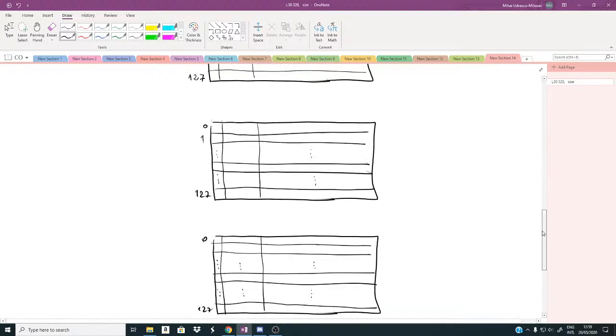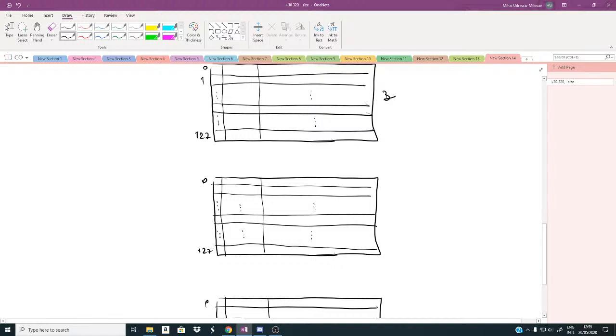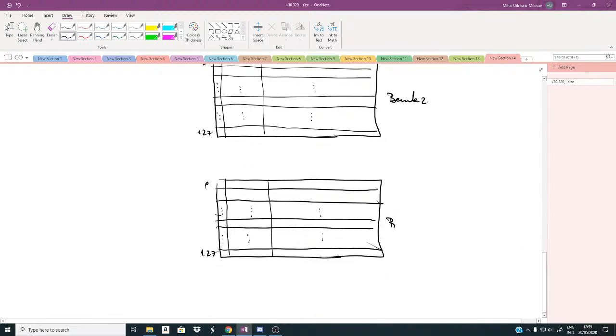This is bank 0, right? This is bank 1. This is bank 2. And this is bank 3.